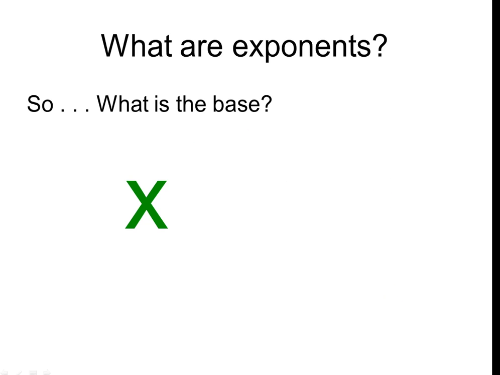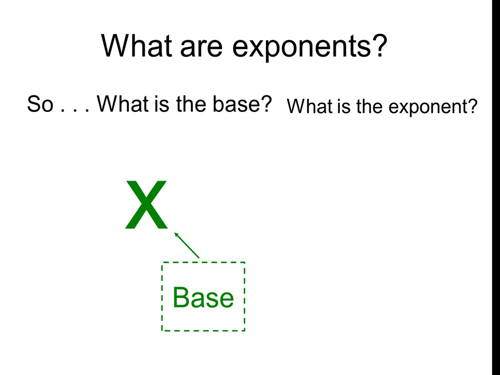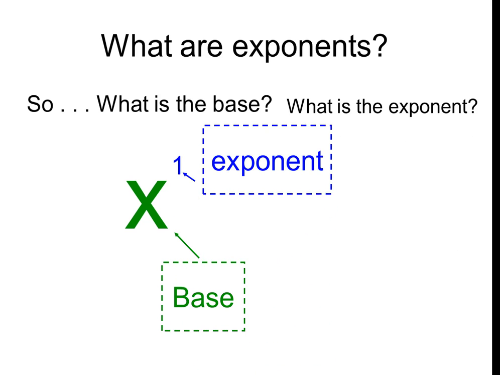We want to cover one last thing for base, though, and vocabulary. If I just had an x just sitting there, what is the base? Well, that is the base. Now, we discussed how a base has an exponent, so what is the exponent? The exponent is 1. Everything has an exponent, and if you can't see it, it's a 1. Does this have a coefficient?